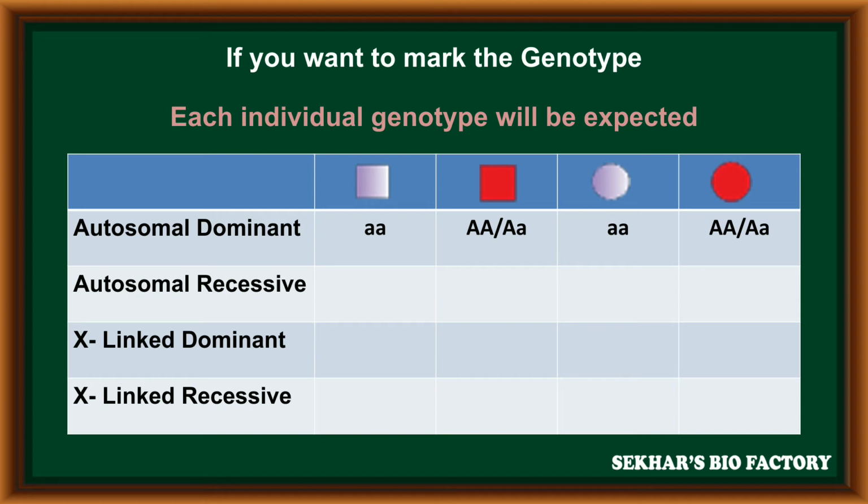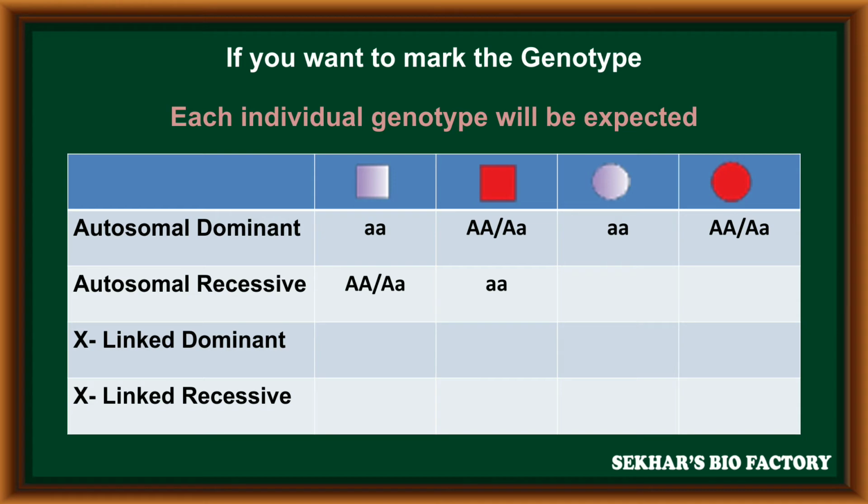And in case of autosomal recessive, if a recessive allele is there, then only the male is affected. But here the male is unaffected due to having either capital A capital A or capital A small a. And the male is affected if it has the recessive allele.